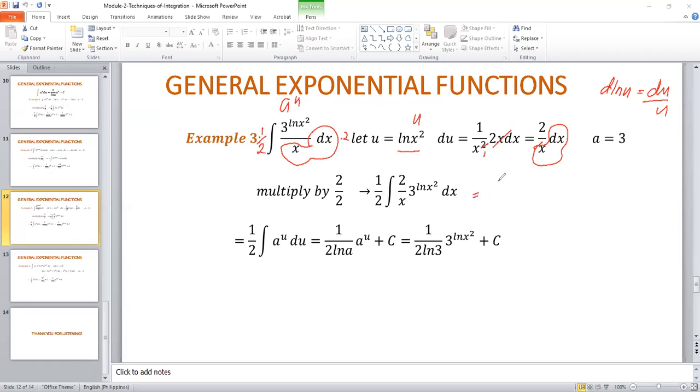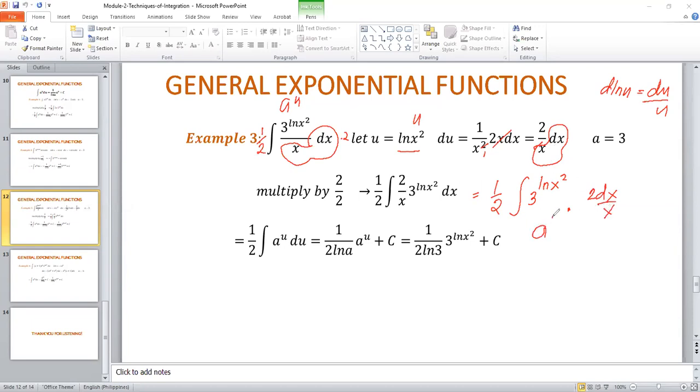If I rewrite this so it would be clear: 1/2 integral of, sorry, it should not be 3 ln of x squared, but rather 3 raised to ln of x squared. Its derivative is this one, the 2 dx over x. I just transferred it here so you would see.